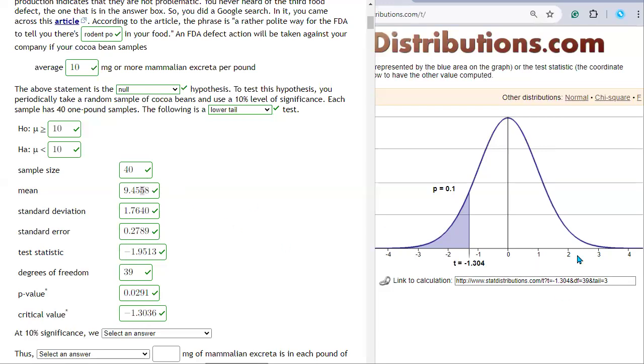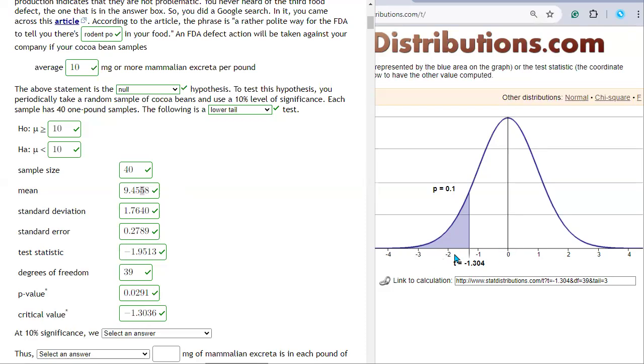Now, if that test statistic was out here, beyond 3, we would say the difference is positive and significant. If that test statistic were close to 0, between negative 1.3 and positive 1.3, we would say that difference is insignificant.